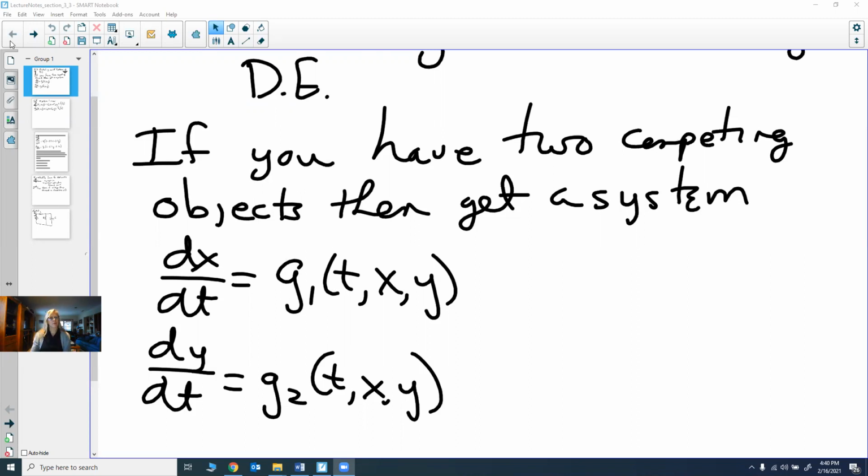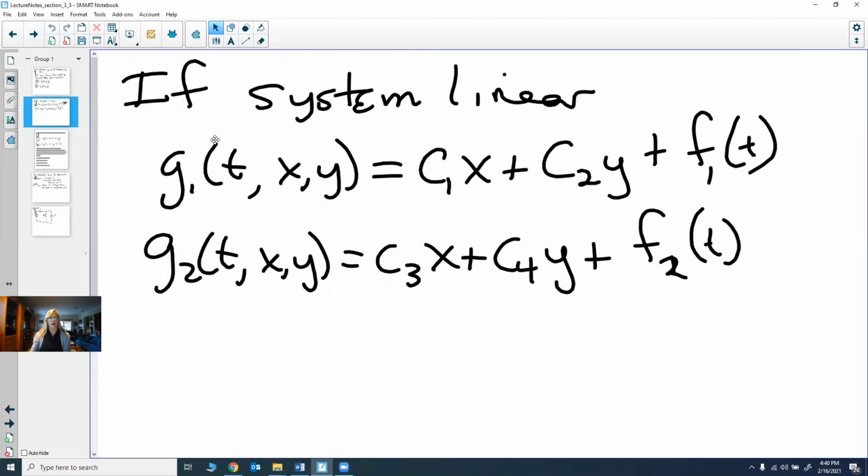So we want to look at how this would work. Before we do an example, sorry, let's just talk about what it would look like if your system is linear. If your system is linear, it just means that your two functions of x, y, and t, the functions that your rates of change are equal to, look like this: c1x plus c2y plus some function of t.